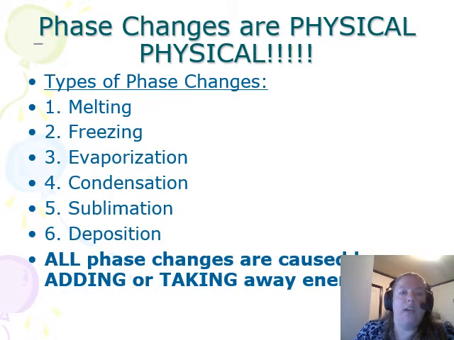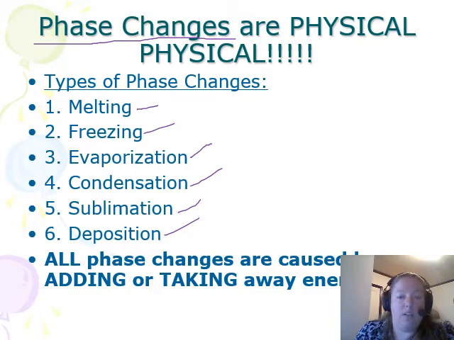Any phase change is a physical change. So if it melts, freezes, evaporates, condenses, sublimation, or deposition, they are all phase changes that are caused by adding or taking away energy.